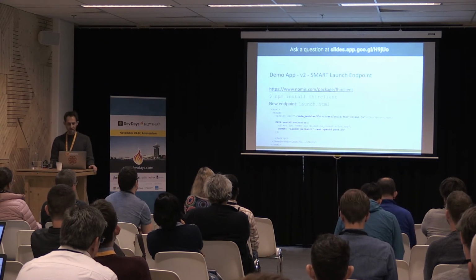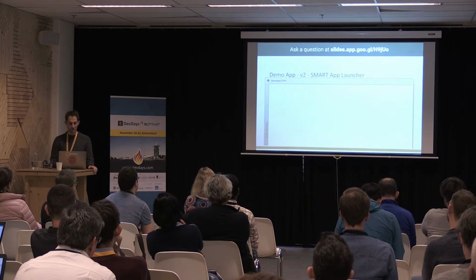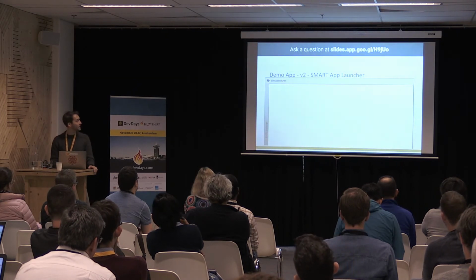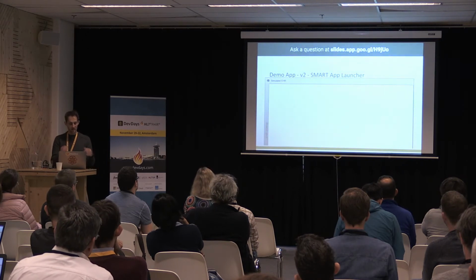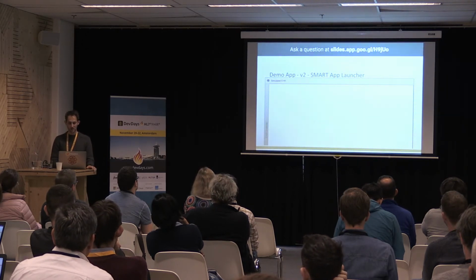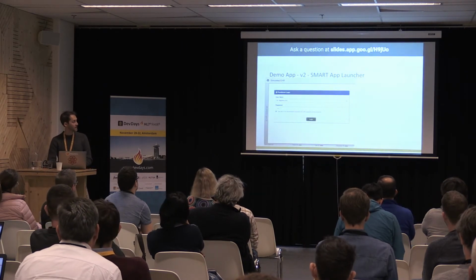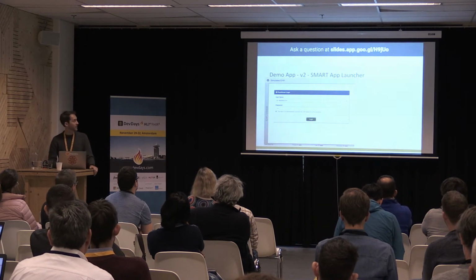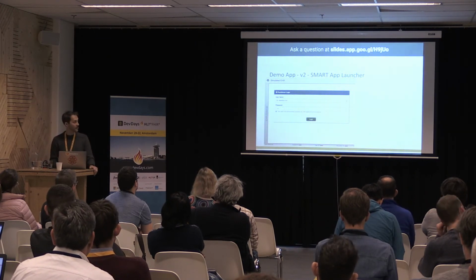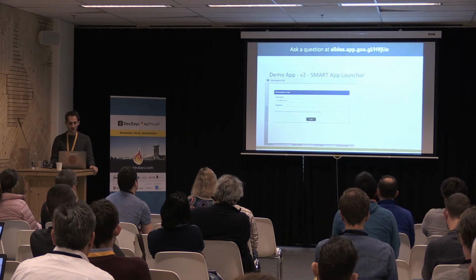Okay, so once you have the configuration set and this endpoint running, you can go back to the Smart App Launcher and launch the app. What'll happen is you'll see it launch in, this is optional, you can have it launch within a fake EHR. If you haven't selected a provider in the configuration page, you'll get a picker where you can pick whichever one you want, or you can optionally bypass this by selecting one in the config.